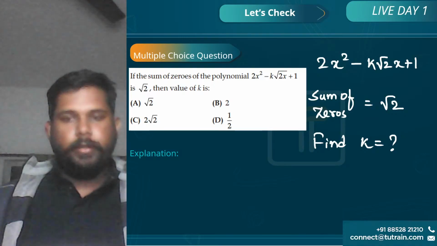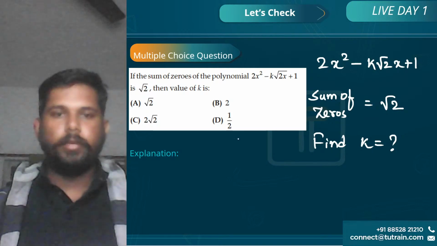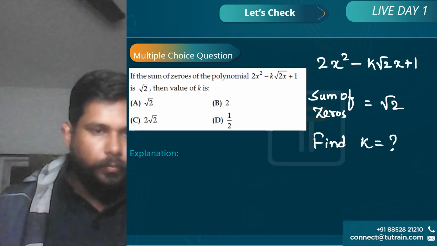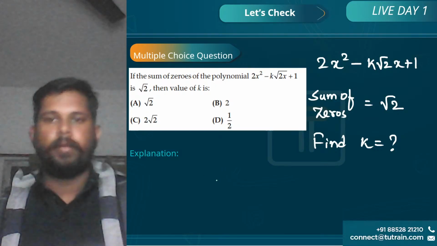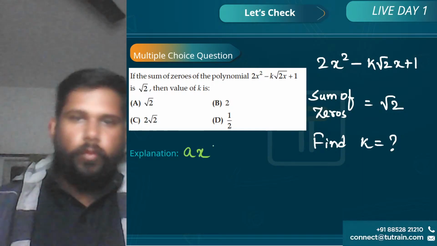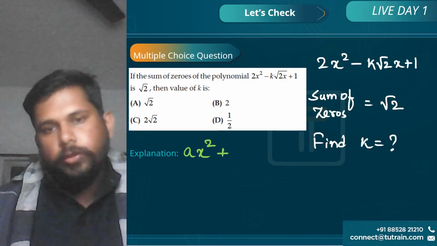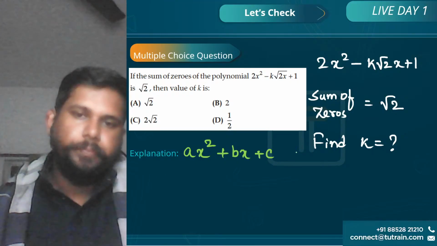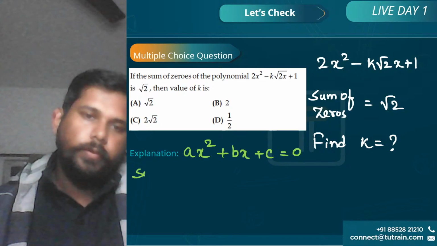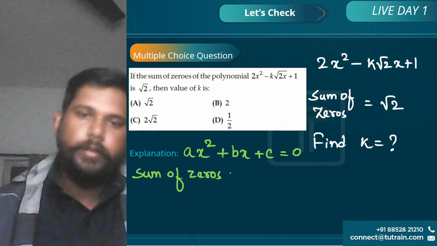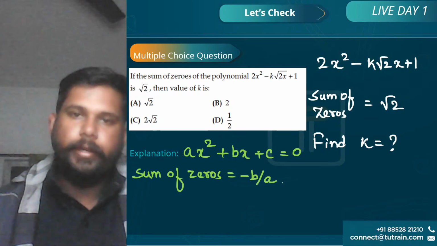Okay, so I can see some of you are typing. Now, we know that if we have the quadratic polynomial ax square plus bx plus c, right? So, sum of zeros is equal to minus b by a, right?